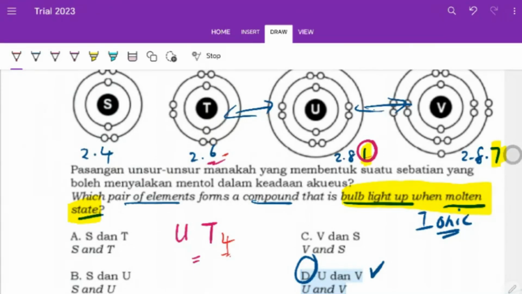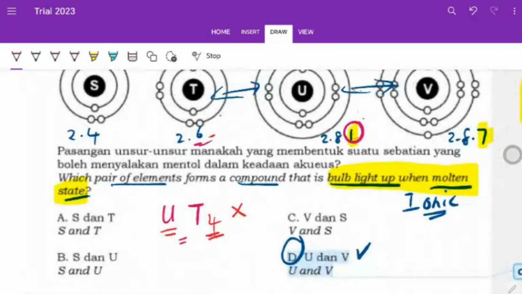But if you write UT4, this one just releases 1, but there are 4 T atoms that need electrons. So definitely this one is wrong. Any other answer?